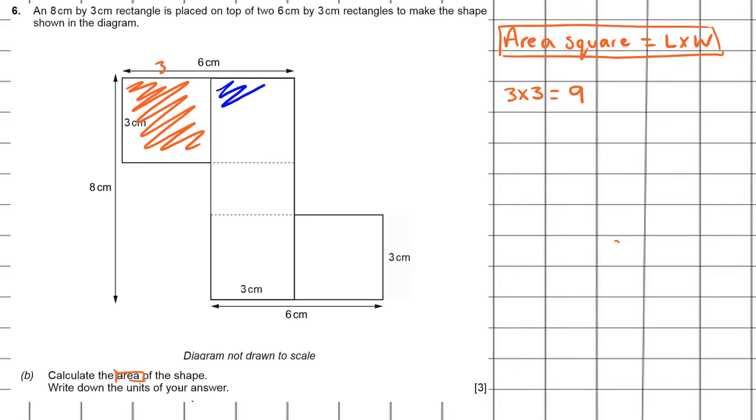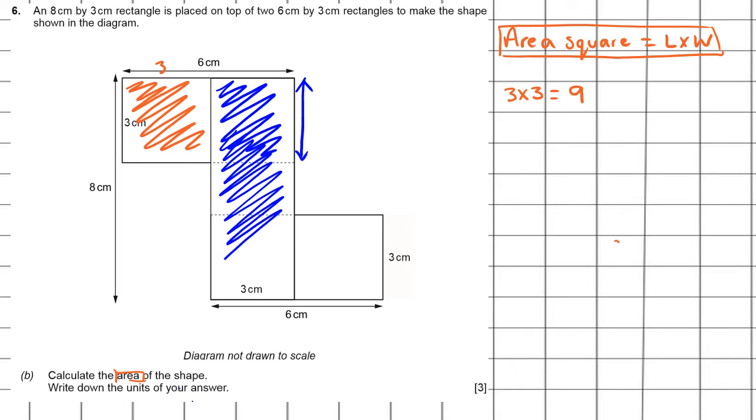Now work out this area. So again, how long is this? We do not know. So instead of just working out this little area, we can work out all this area. So we know the entire length, which is 8. And we know this is 3.